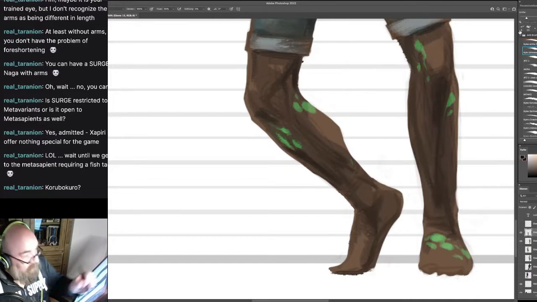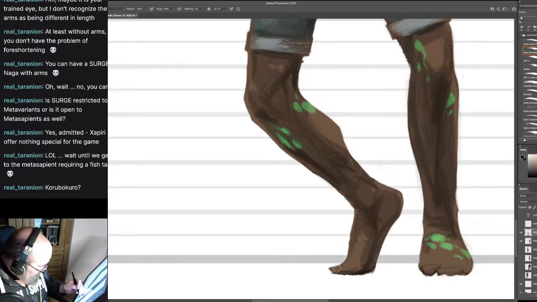So just to be clear, I don't have the slightest against these or any other meta variant or meta sapient. The more options, the merrier, so to speak.